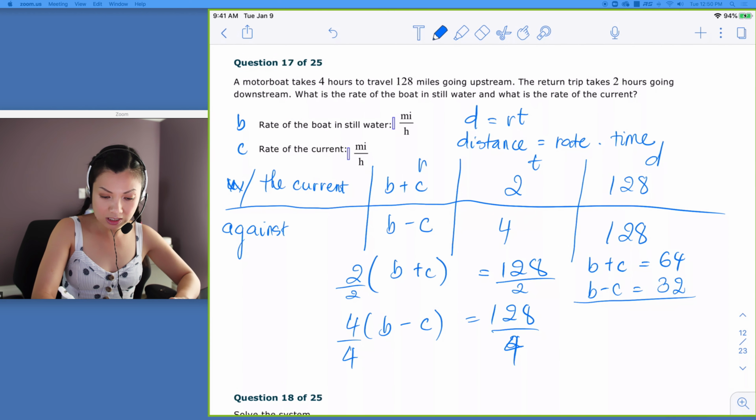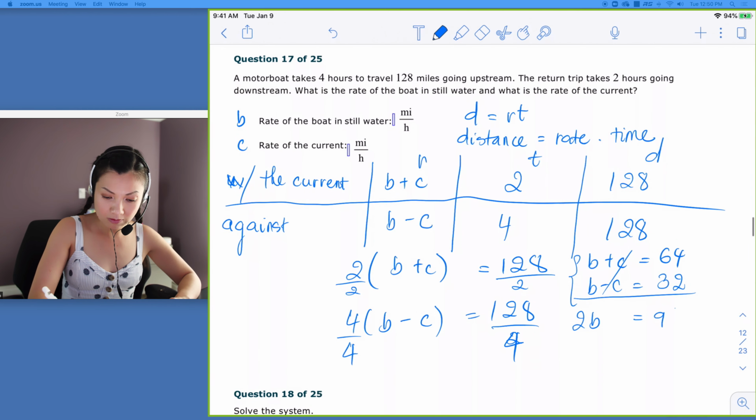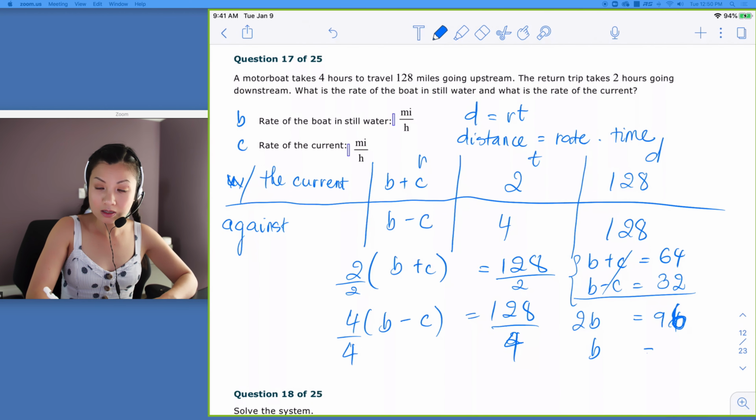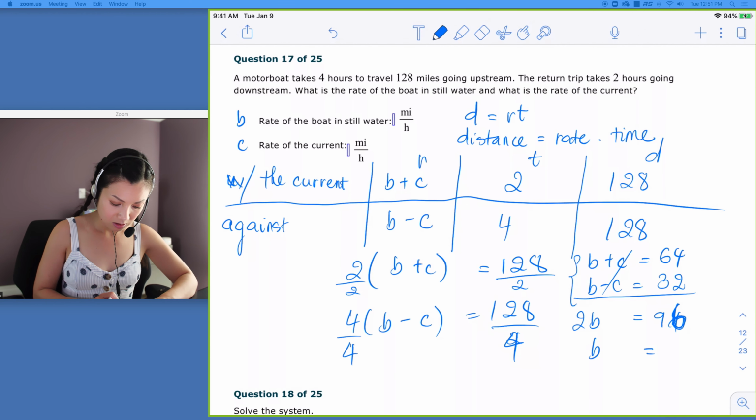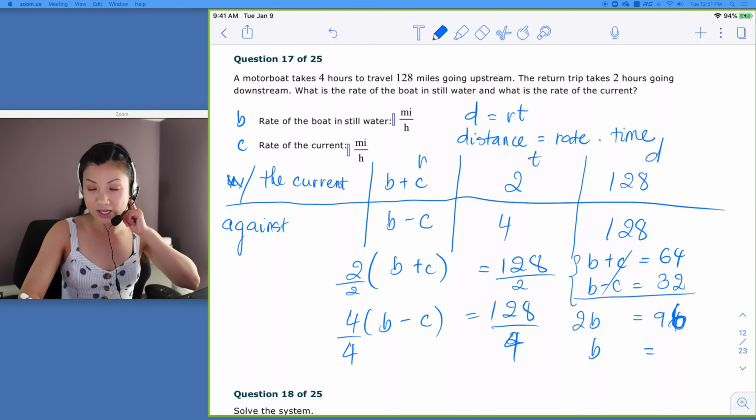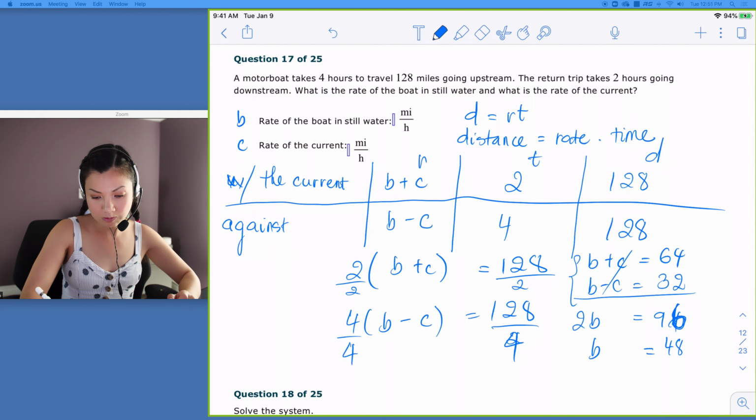And then you can see that if you add them up, you cancel out C. So 2B equals 96. So B is going to be 48 miles per hour.